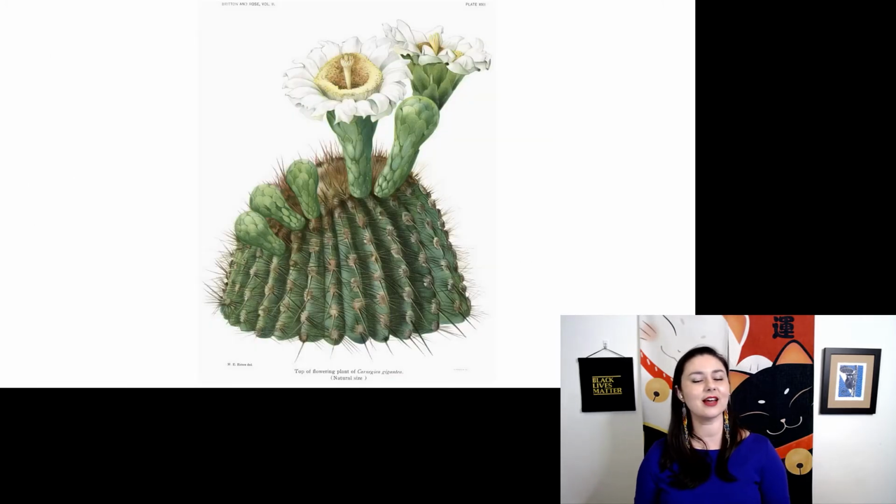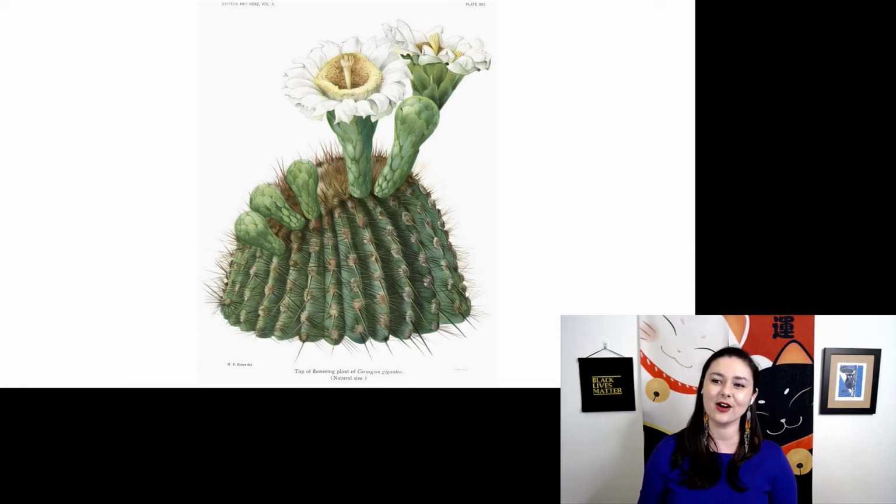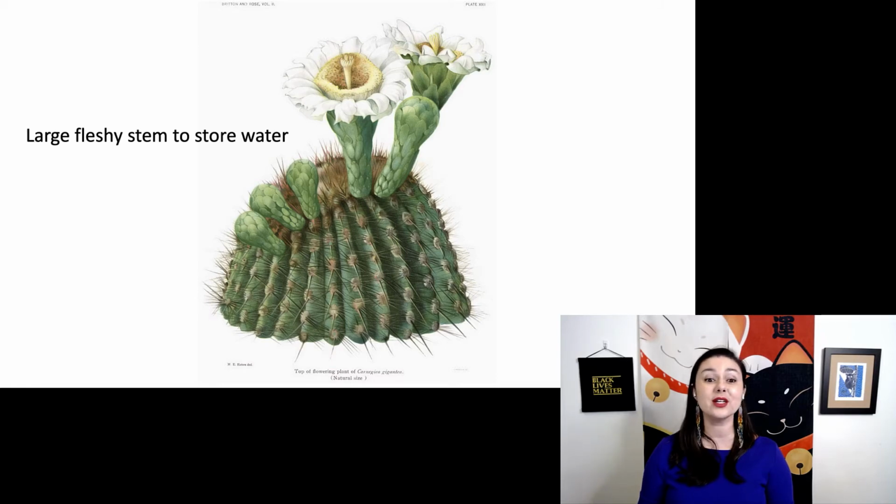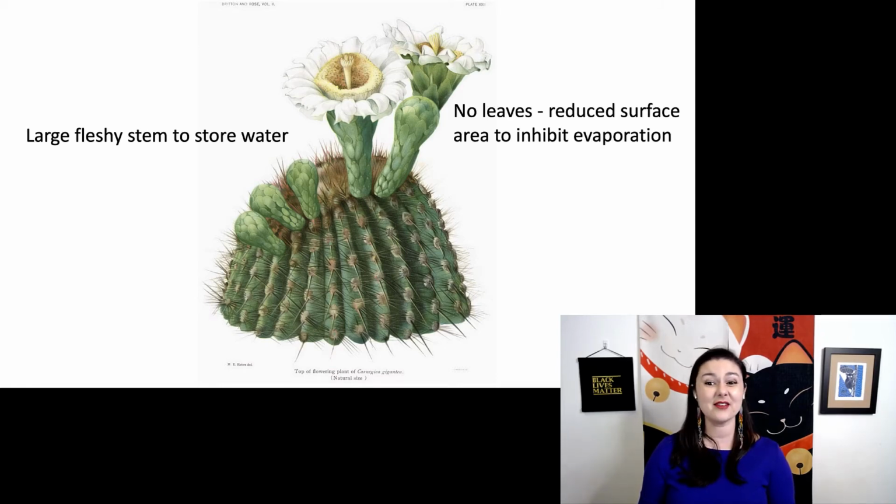We can also look at another desert organism. Now let's look at the plants that live here. So this cactus has a really large fleshy stem to store water, but it doesn't have any leaves. It's trying to reduce the amount of surface area so it can reduce the amount of evaporation that occurs, because it wants to prevent as much water loss as possible. It also has a thick waxy cuticle, making it even harder for it to lose water via evaporation.